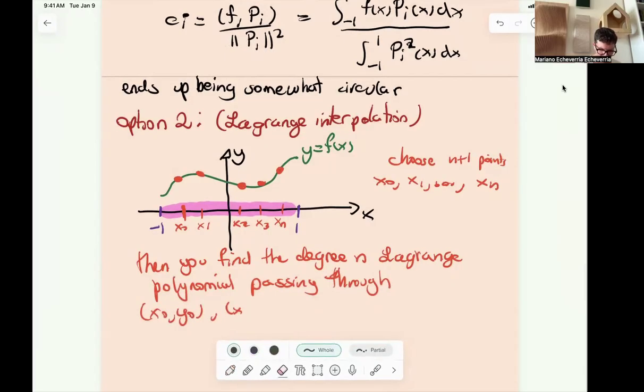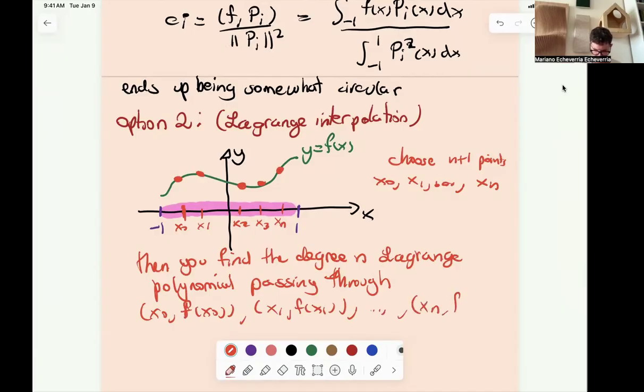Well, y0 is f of x0, sorry. f of x0, x1, f of x1, up to xn, f of xn. Okay, so maybe the polynomial again would look, I don't know, this could be the degree n polynomial. I don't know. Okay.